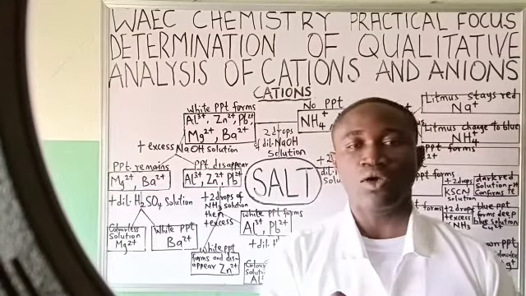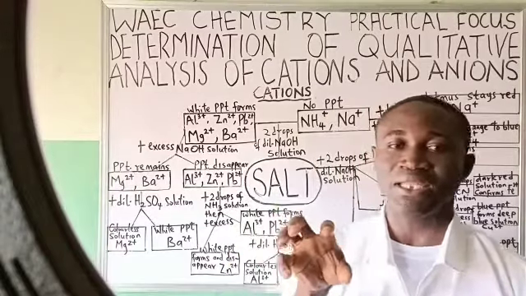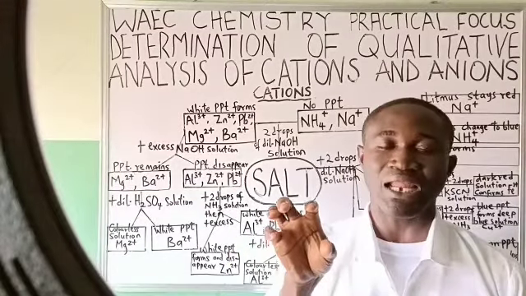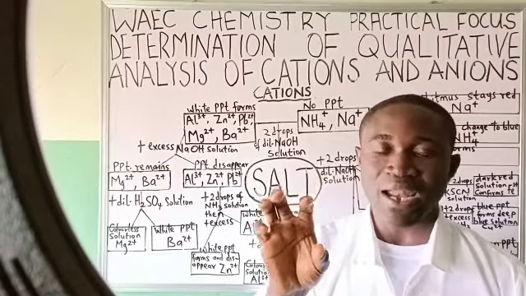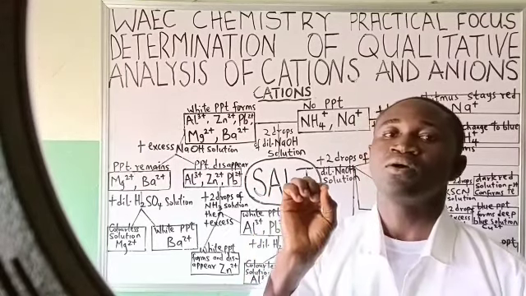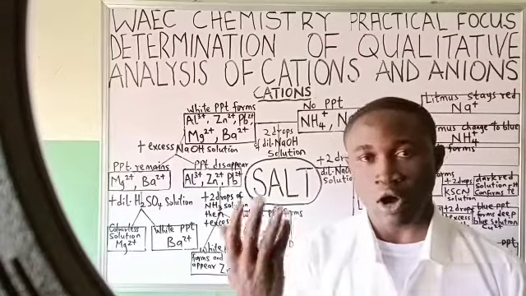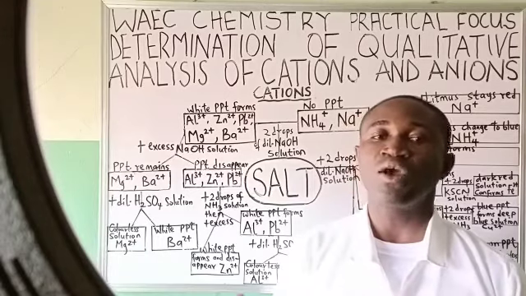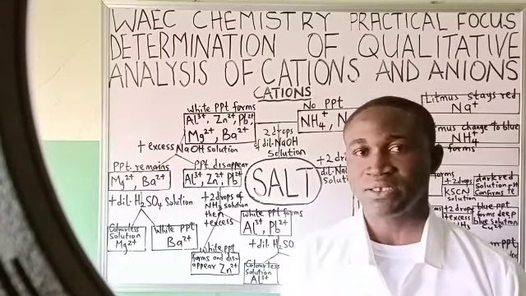We use the word qualitative analysis because in this analysis of cations and anions, what you are to say is whether it is present or not present, suspected or confirmed. So we are using the words present, suspected, confirmed, not present.